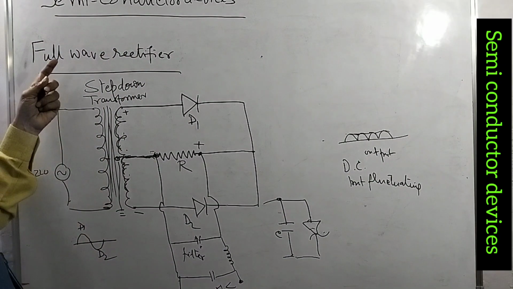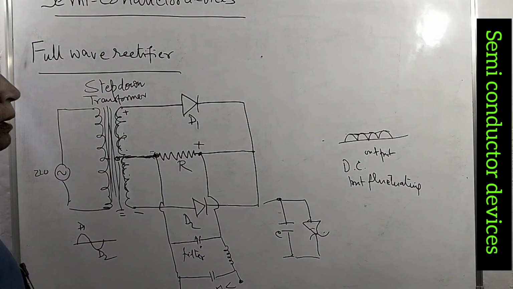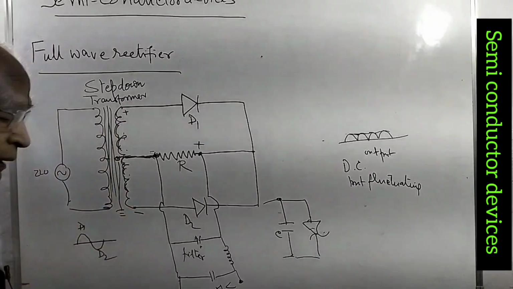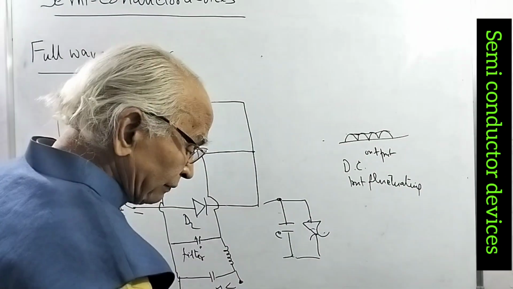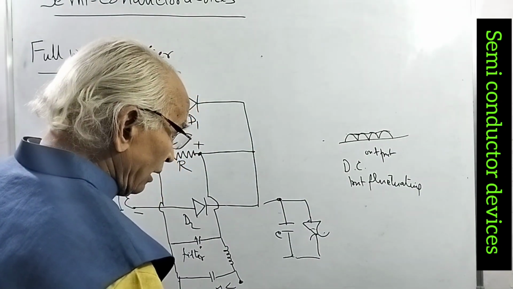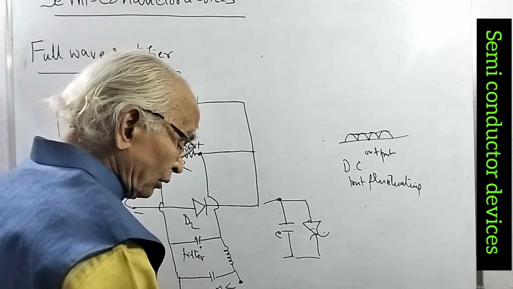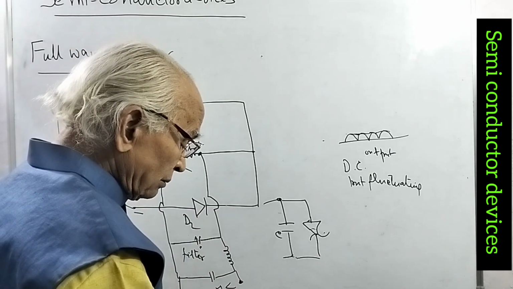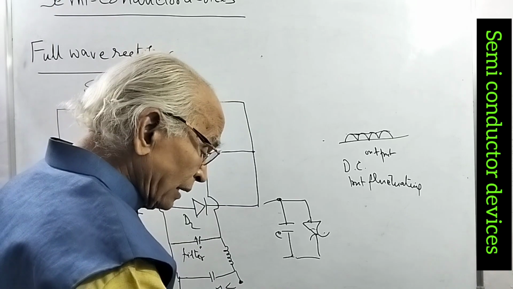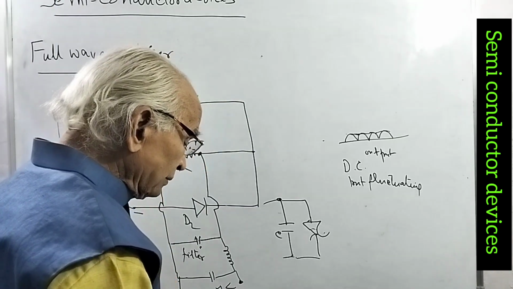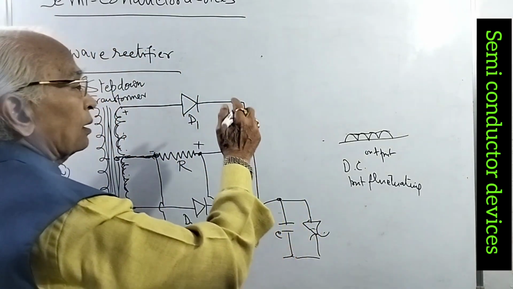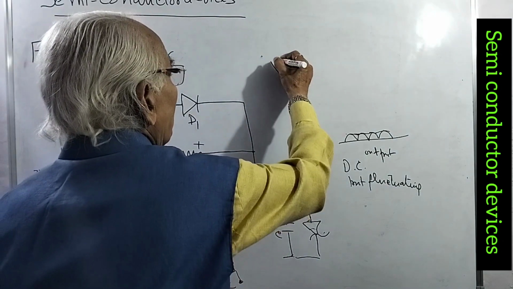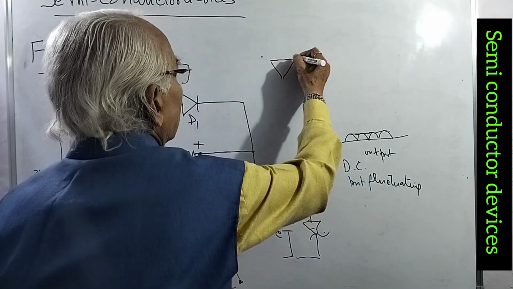So your full wave rectifier can also be connected just like a bridge rectifier, which means you have four junction diodes and you connect them such that you get a full wave rectifier.